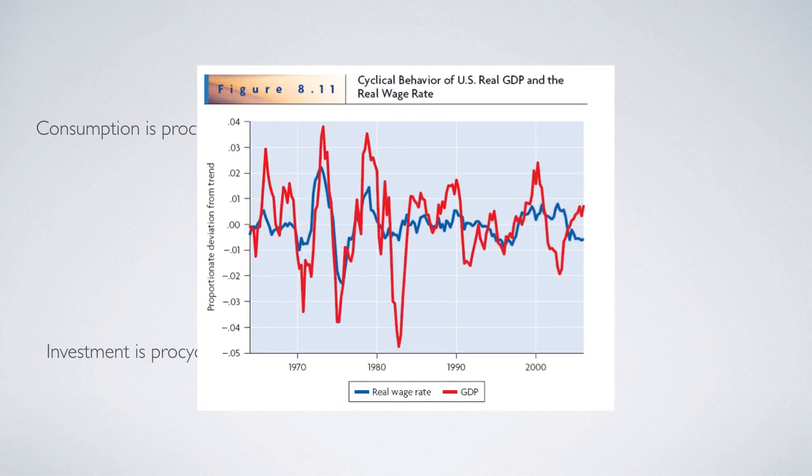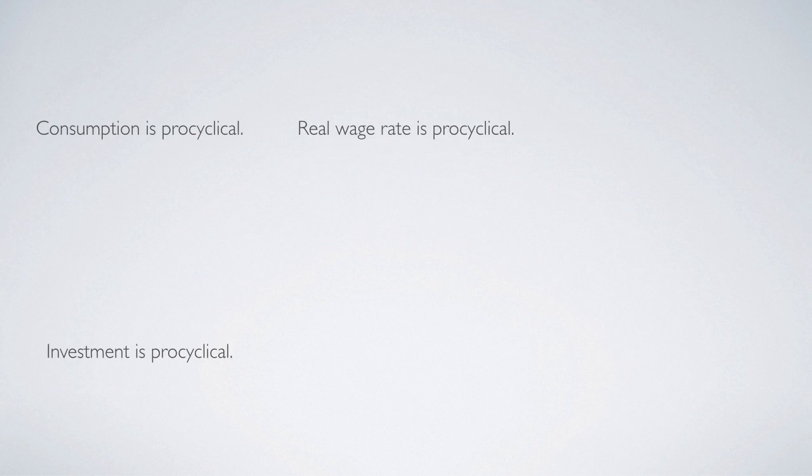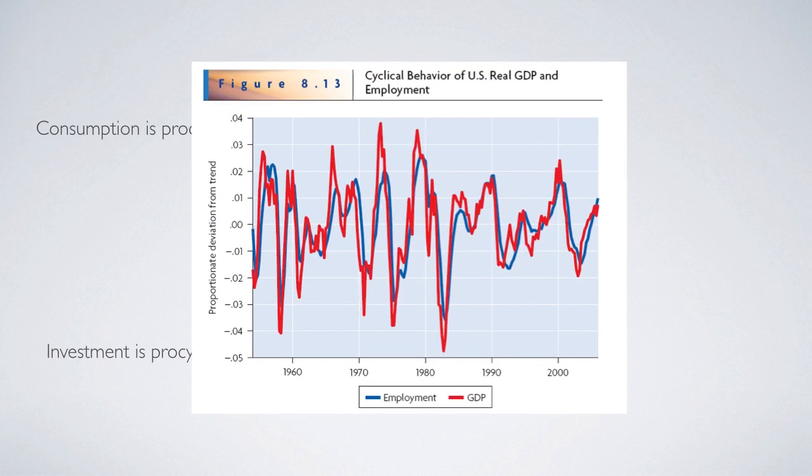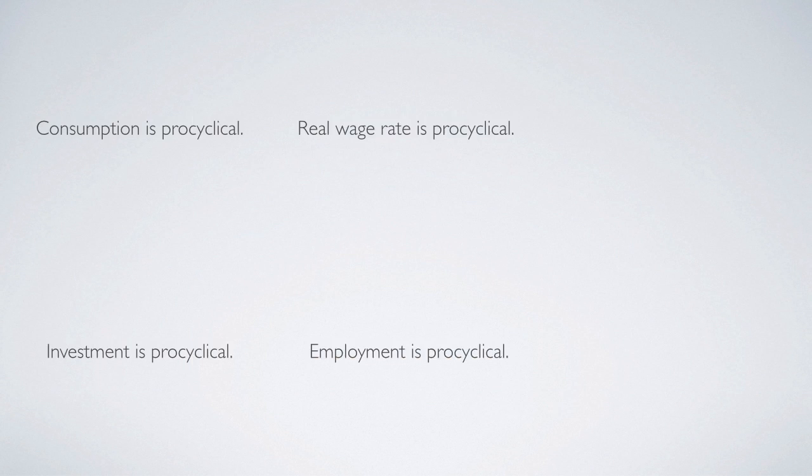We find that the real wage rate, its cyclical component, also the blue line, moves up and down with GDP in the same direction. Therefore, the real wage rate is also procyclical. For equilibrium employment, we also find that employment moves with GDP in the same direction. Therefore, employment is also procyclical.